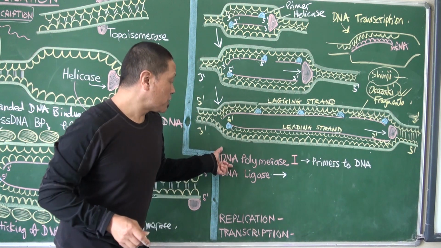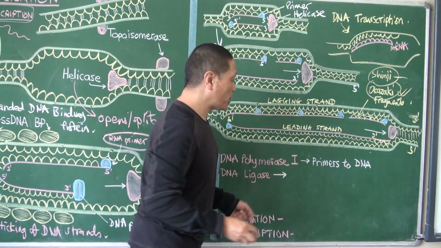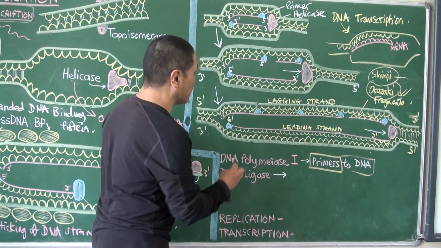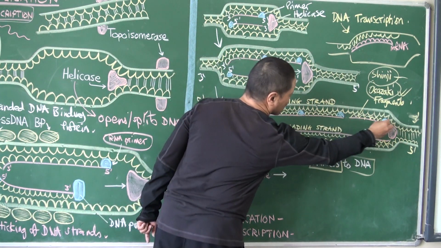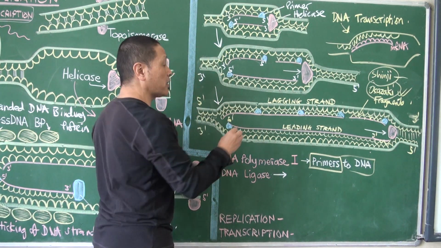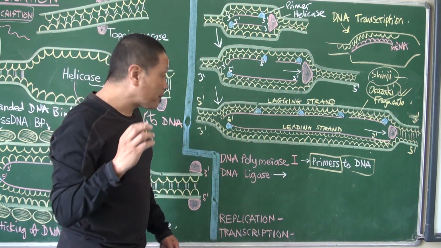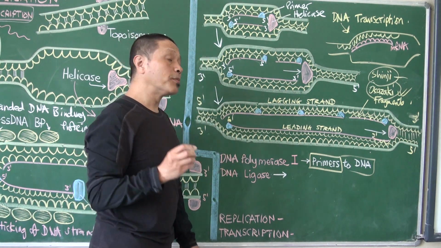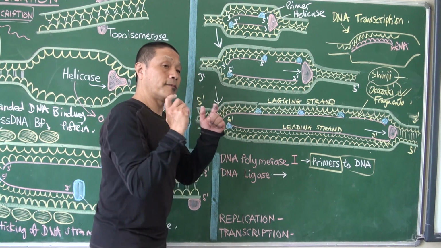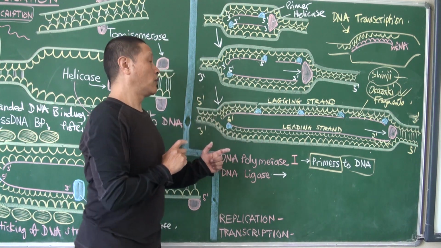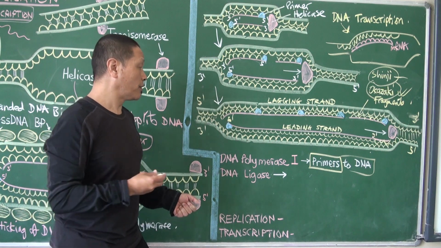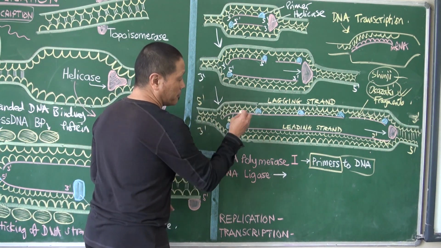And then comes DNA polymerase 1, which converts the primers to DNA. If you notice here, there are blue portions which are not the DNA, but the RNA primers, which give the DNA polymerase the cue, or mark the place from where the DNA needs to be copied, or duplicated.